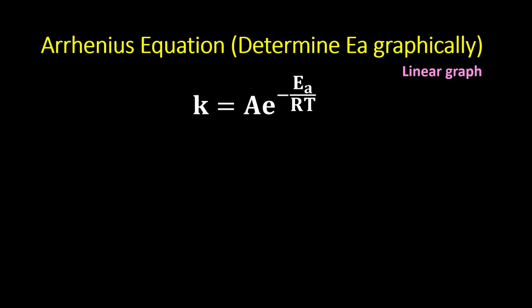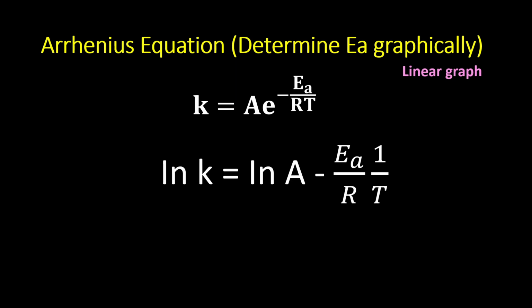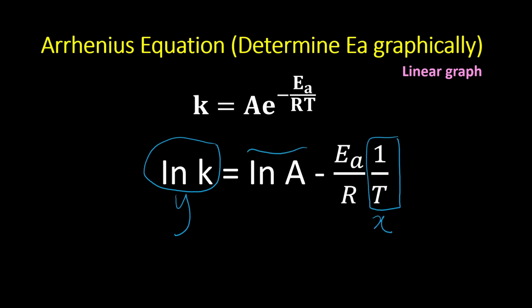After logging both sides, we get a linear equation written as log K equals log A minus EA over R multiplied by 1 over T, with log K as the y-axis and 1 over T as the x-axis, log A as the y-intercept and negative EA over R as the gradient of the graph. And then from the gradient of the graph, we can determine the activation energy of the reaction.